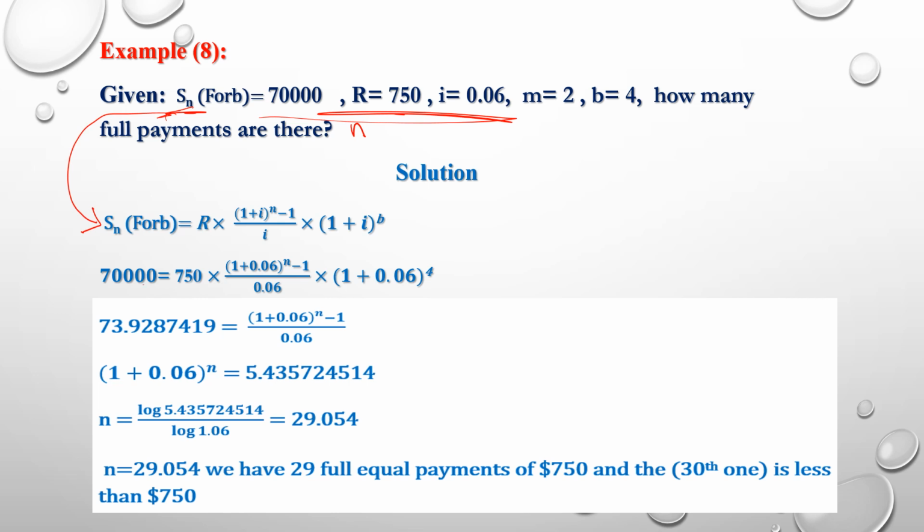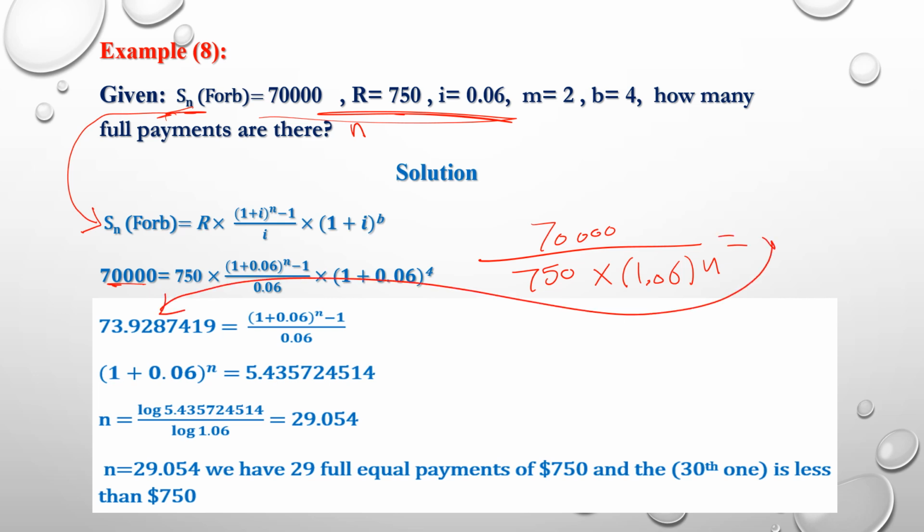So by dividing 70,000 over 750 times 1.06 power 4, this equals this amount.